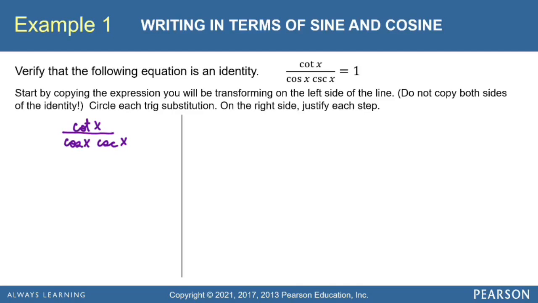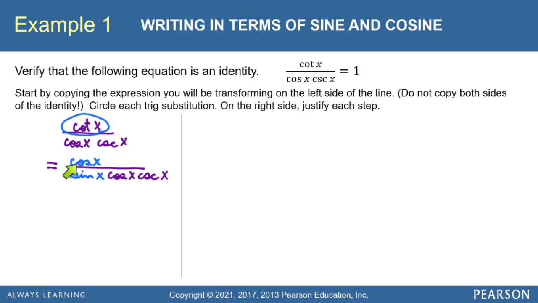So since that's what we're going to be replacing, let's go ahead and circle that, and then on the next line, here's my fraction bar, let's rewrite cotangent of x as cosine of x over sine of x. Now the cosine of x times cosecant of x that's in the denominator, that's not changing on this step, so let's just copy that right where it is.